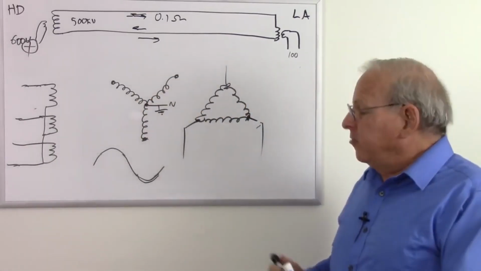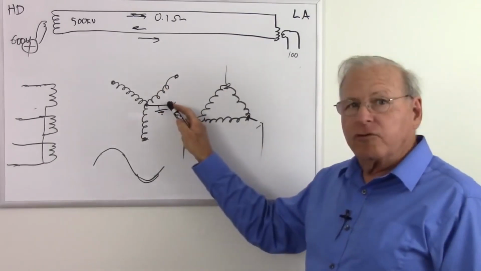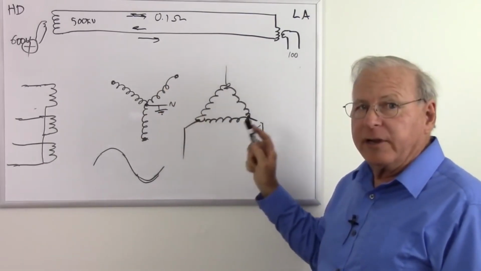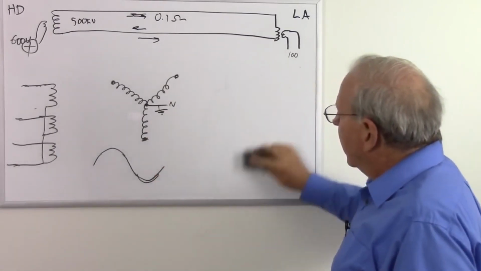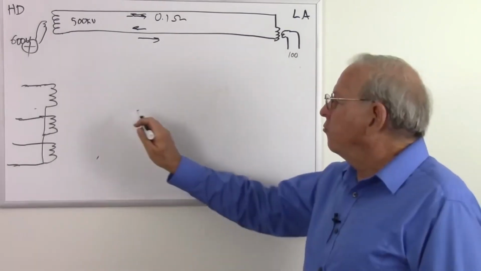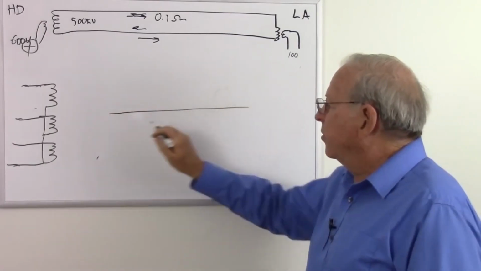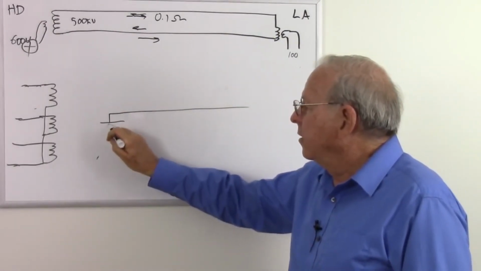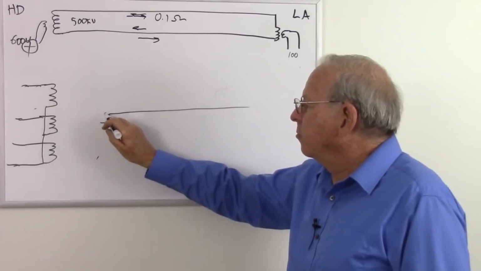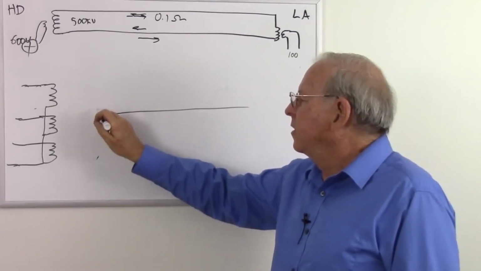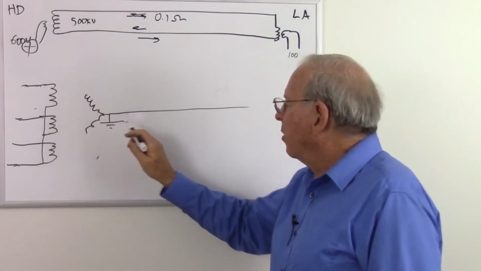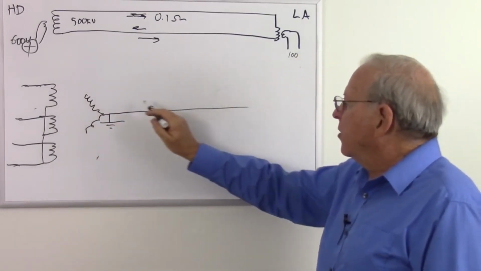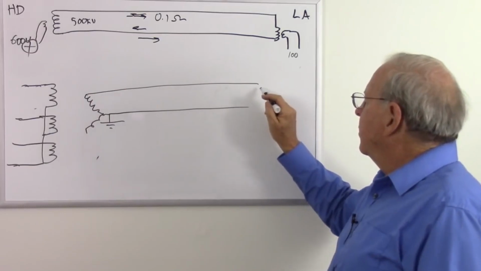And another thing I need to mention here, of course, is I've been talking about the neutral wire and that the neutral wire is grounded, but that is not your ground wire. We have to have a separate ground wire for safety. The neutral wire is going to go some distance from where it's grounded. And it may be grounded in multiple places, but here it's coming off of, let's say, our Y transformer or wherever it's coming from, and we have currents over here.